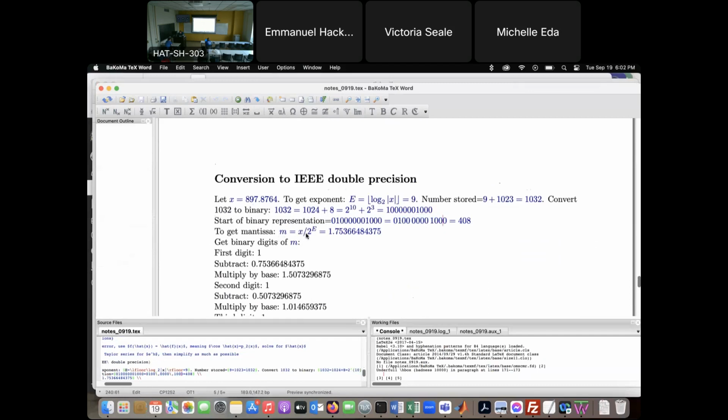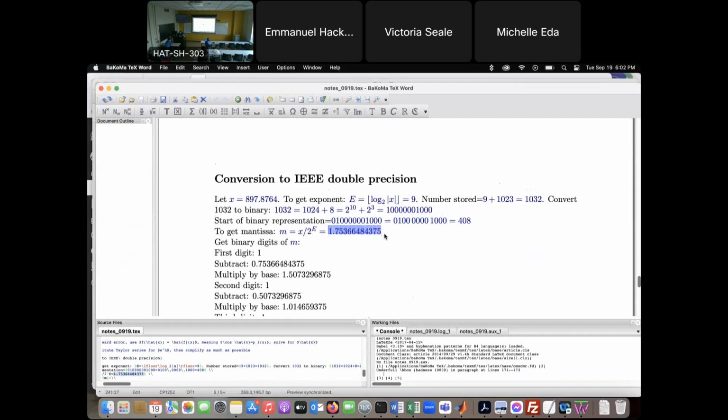For the mantissa, I take my number divided by 2 to my exponent. This is a number I have to represent in binary. But the first digit, the 1 to the left of the decimal point, is not stored, because generally floating point numbers are normalized in IEEE, so I don't need to think about that.